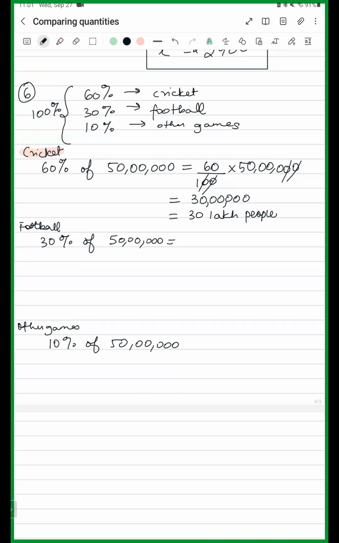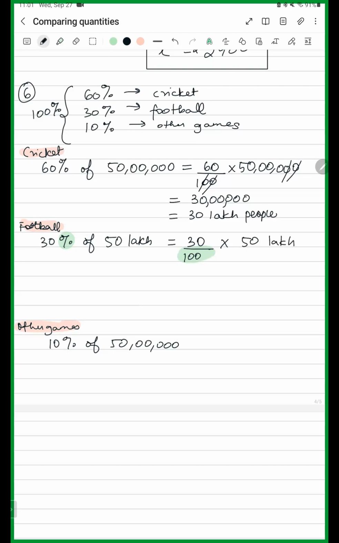In fact, we didn't have to do the zero thing also. We could have just done it like this. Let me show you the other way. Football. So 30 of 50 lakh, right? 30% means divided by 100, of 50 lakh.